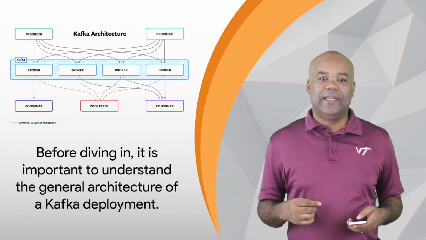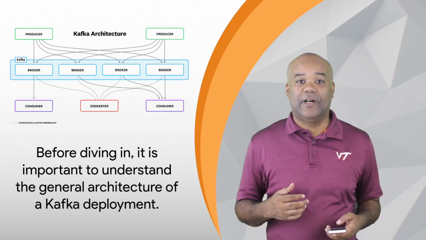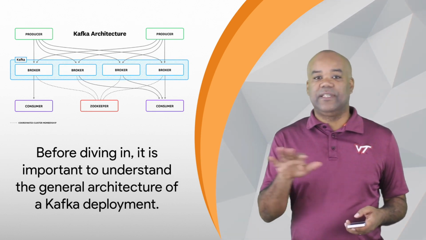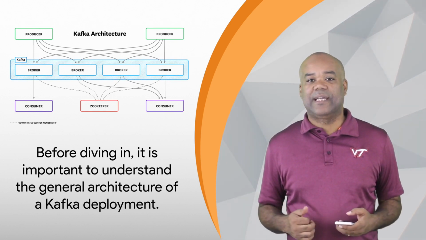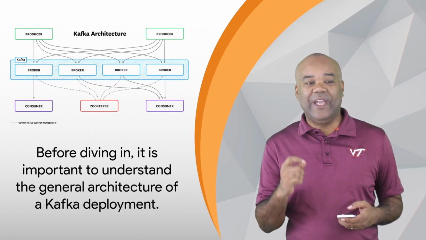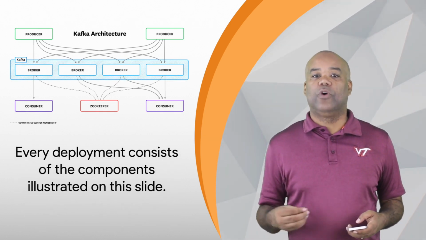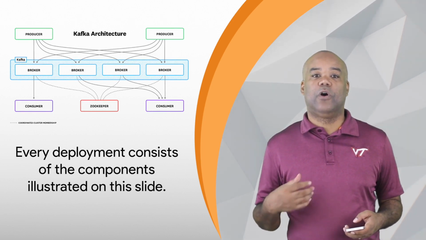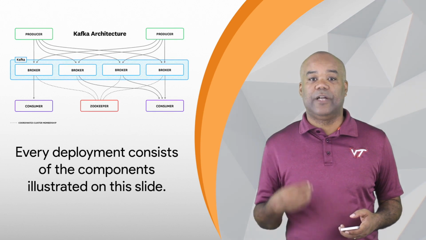But before we dive in, it's important to really understand the general architecture of a Kafka deployment. And I realize that this is potentially a review, but I like to go over this anyway so that we can have context about where each of these settings belong. Every deployment in Kafka consists of all of the components that you see on the slide, on your screen.